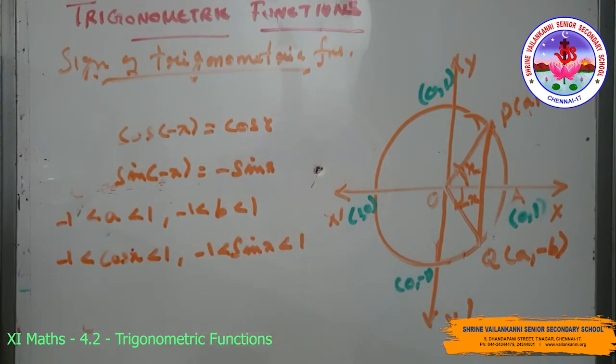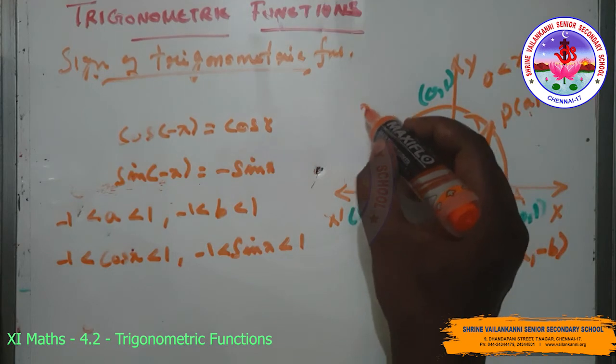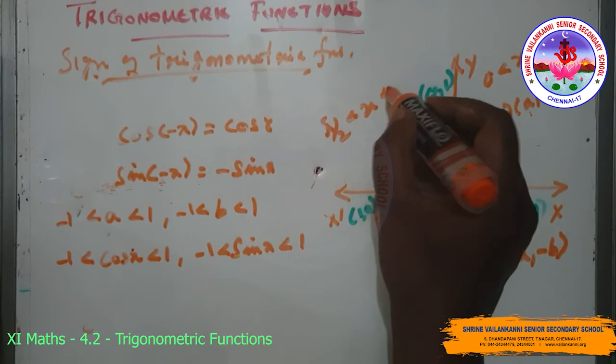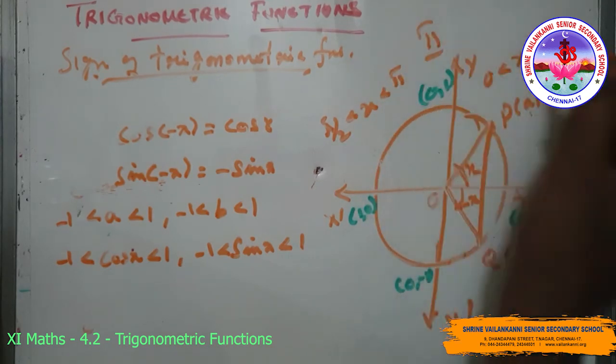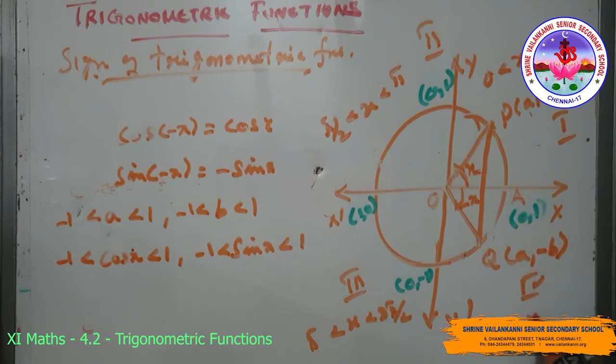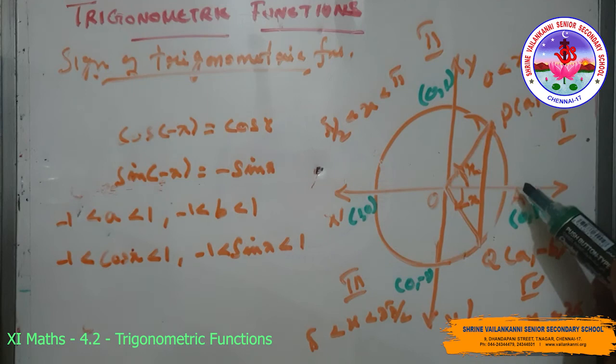So in the first quadrant, x lies between 0 and pi by 2, in the second quadrant x lies between pi by 2 and pi, in the third quadrant x lies between pi and 3 pi by 2, and in the fourth quadrant x lies between 3 pi by 2 and 2 pi. In the first quadrant, both a and b are positive.